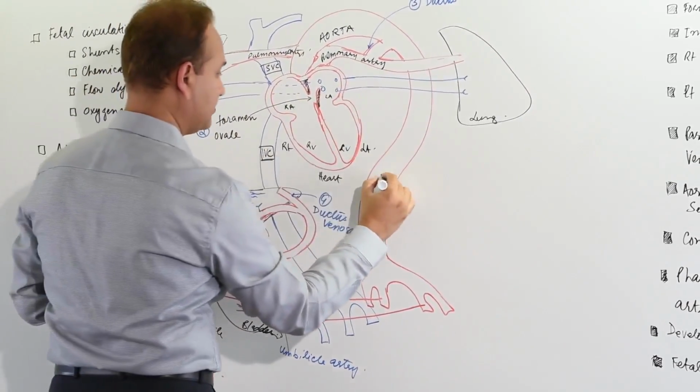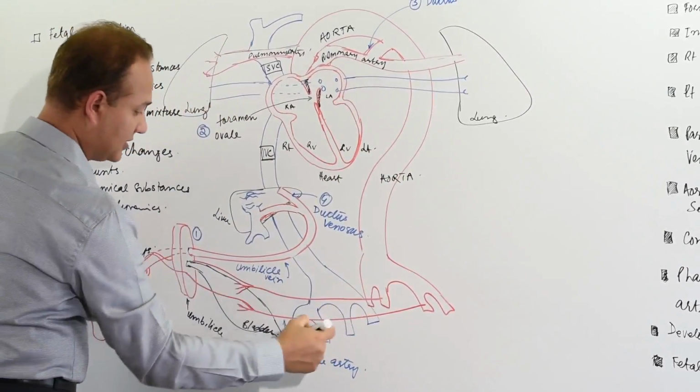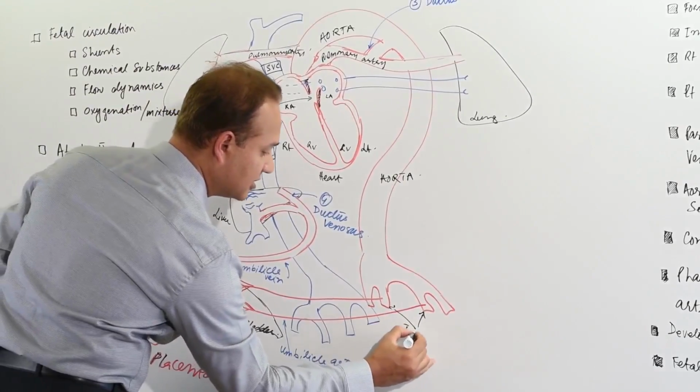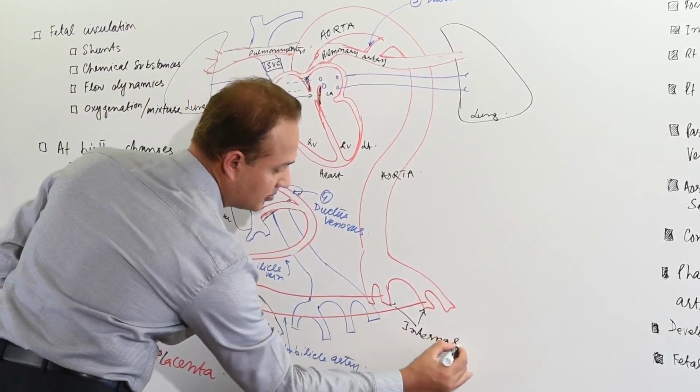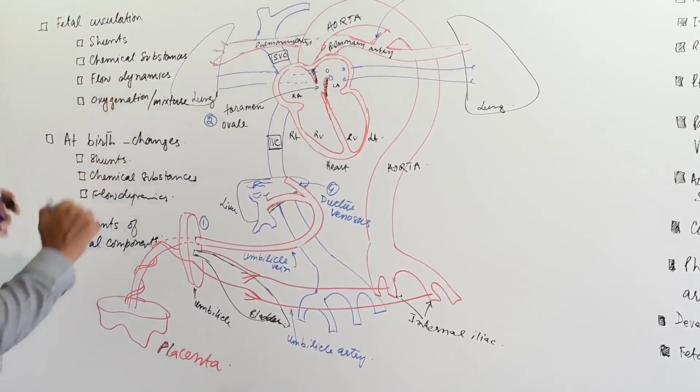This is the aorta, the descending aorta, internal iliacs here and here, internal iliac arteries, and we've got all the labeling done.